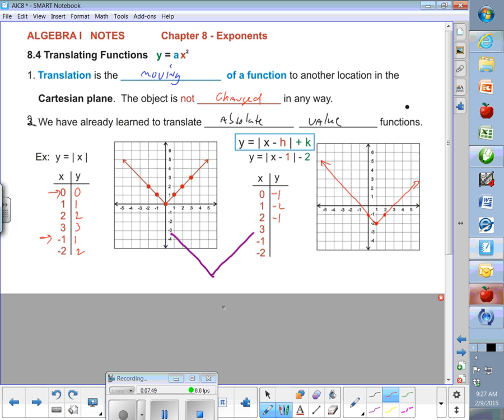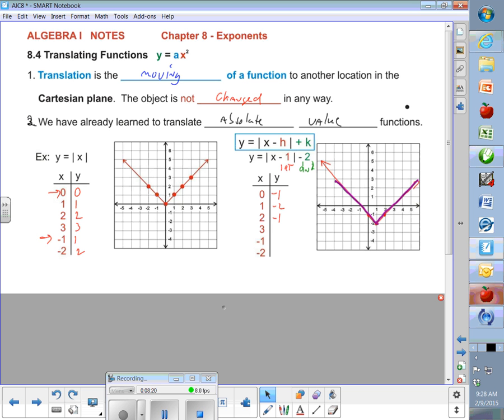Now look at the function. We learned this with absolute values. This is right 1, and this is down 2. That's what we learned from the h and k. We learned the h was left right, and the k was up down. And so we learned this should be to the right 1 and down 2. Is not our new one the old one that went to the right 1 and down 2?